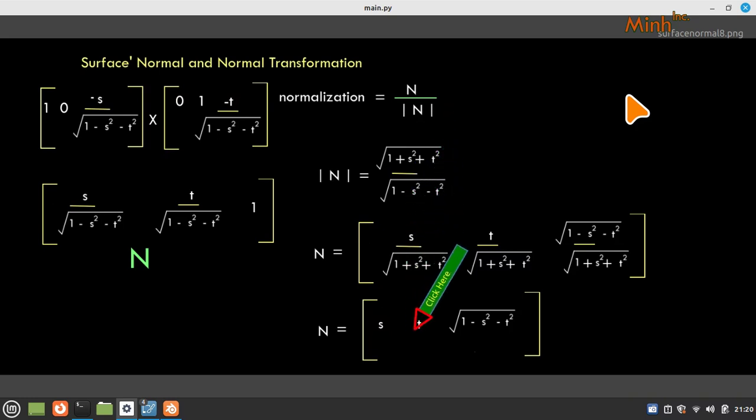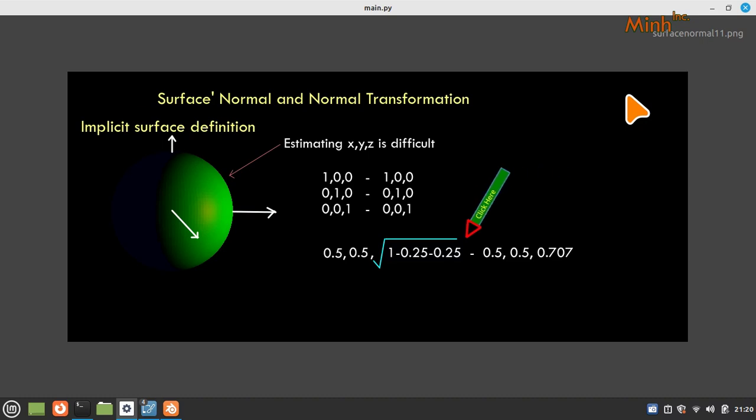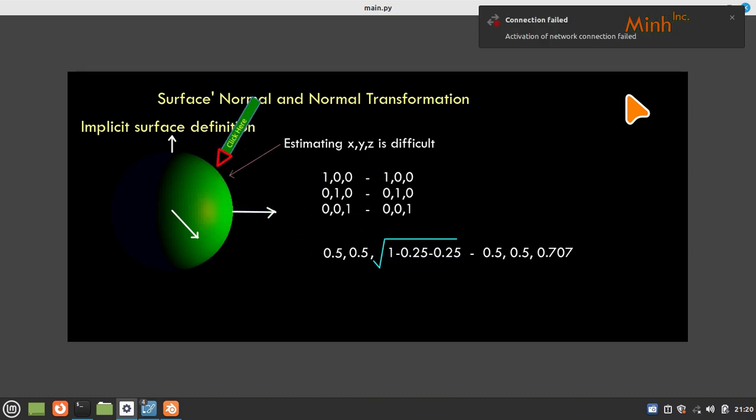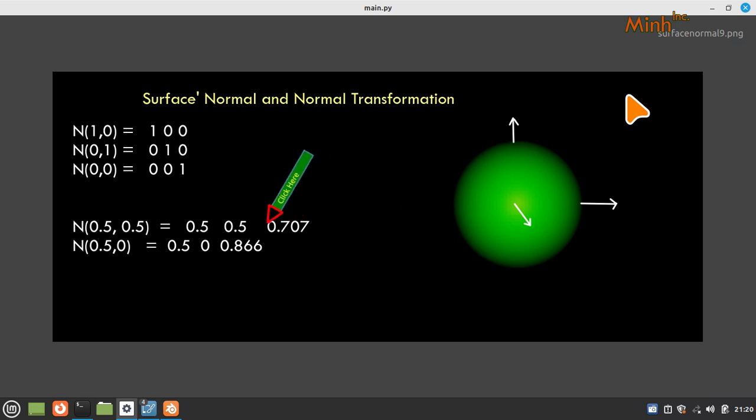Can we see it is similar? S, t, and if I say 1 minus s square minus t square, it is x, y, z. It is similar. Anyways, now if we have found x, y, z, then for x, y = 0, 0 it will be 1, 0, 0; for 1, 0 it will be 0, 1, 0; and for 0, 1 it will be 0, 0, 1, exactly like what we calculated.